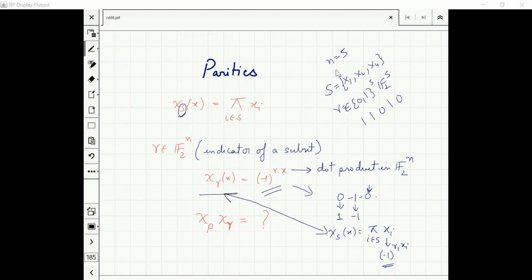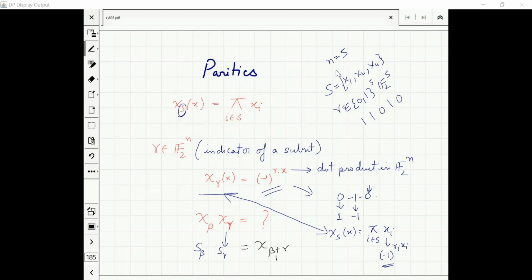This is just changing from 0, 1 to -1, 1. And now what will be chi beta times chi gamma? Beta and gamma are two vectors in F2 to the power n. They will correspond to some subsets S beta and S gamma. Chi beta plus gamma, right?